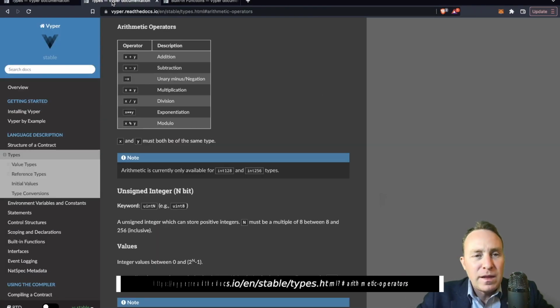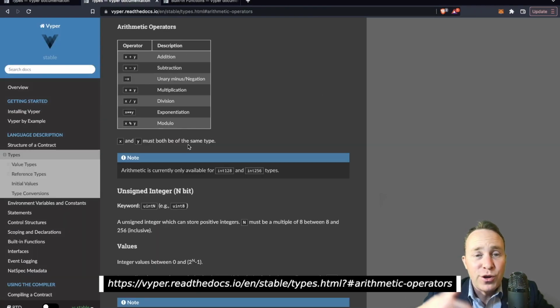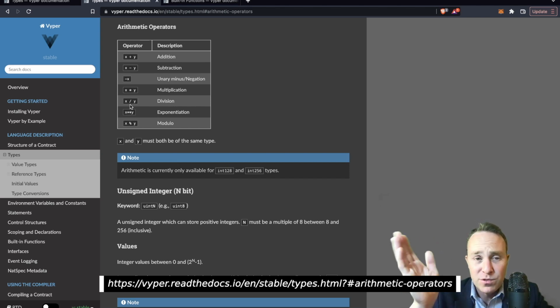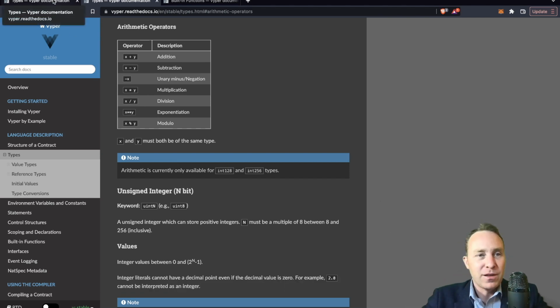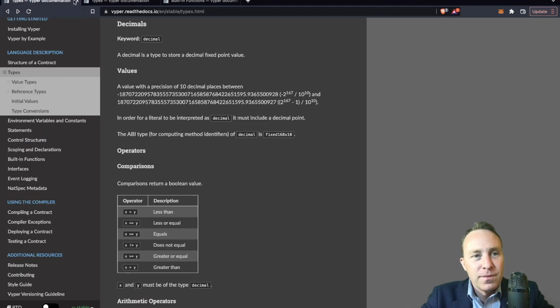Thankfully, all the Vyper arithmetic operators look exactly like Python arithmetic operators. Just note that when you're dealing with uints, division is integer division. Technically within Python, you would use double slashes to represent integer division, but it's the default when you're dealing with integer math.